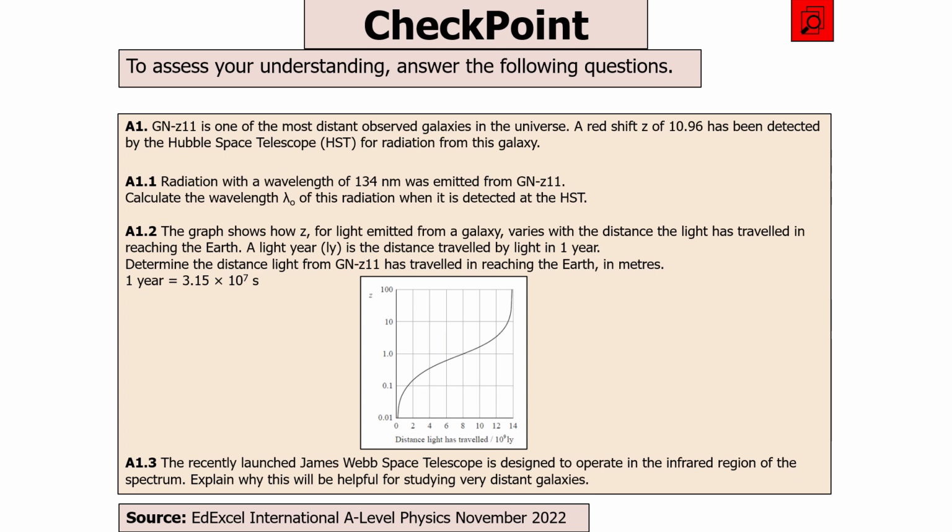A light year is the distance travelled by light in 1 year. Determine the distance light from GN-z11 has travelled in reaching the Earth in meters. Then the recently launched James Webb Space Telescope is designed to operate in the infrared region of the spectrum. Explain how this will be helpful for studying distant galaxies from the Earth. So pause the video now, then unpause the video when you want to go through your answer.